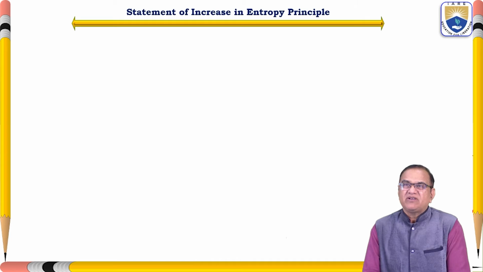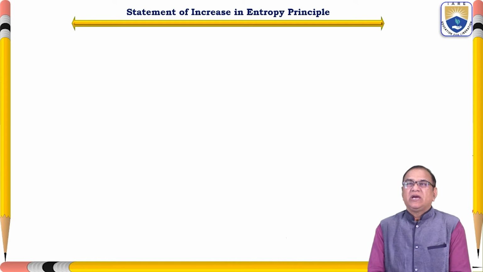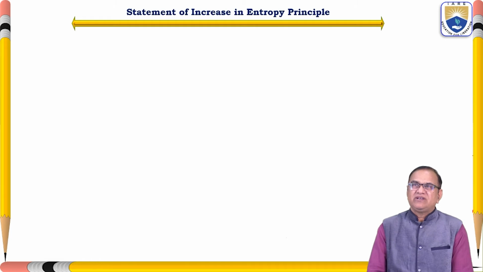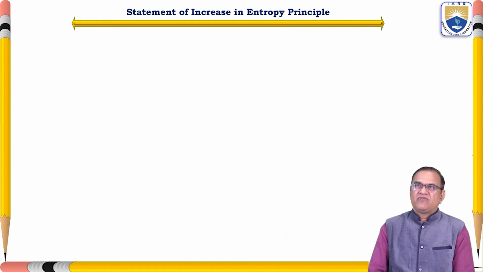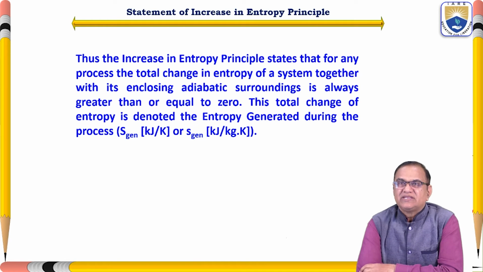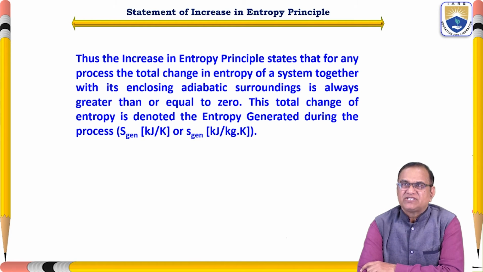So now, the statement of the increase in entropy principle. What are the statements and how can we consider this aspect of entropy generation? Thus, the increase in entropy principle states that for any process, the total change in entropy of a system together with its enclosing adiabatic surrounding is always greater than or equal to 0.